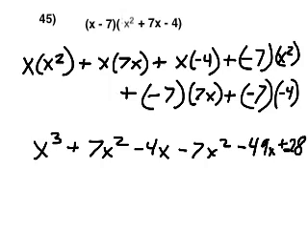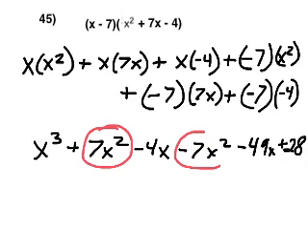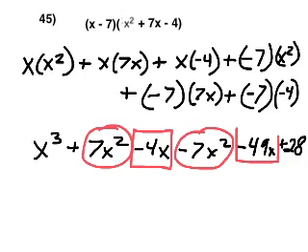Okay, so now we're not done though, right? Because we have terms to combine. So let's use the circle box method. We've got 7x squared here, a negative 7x squared here, and we use a box for negative 4x here and a negative 49x here.